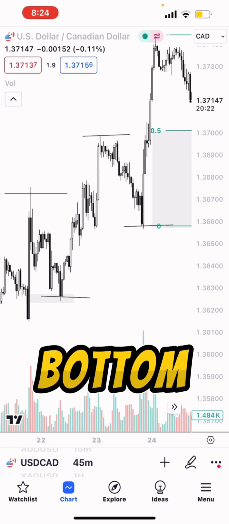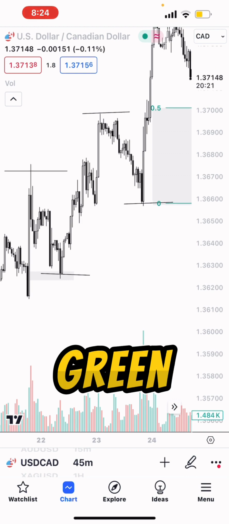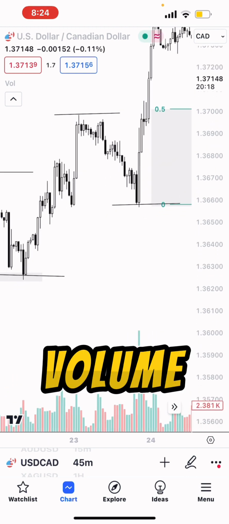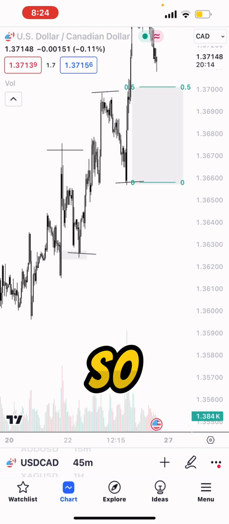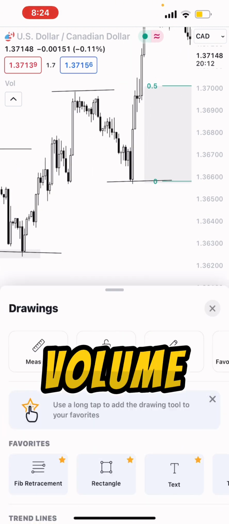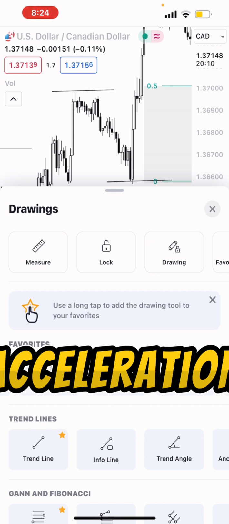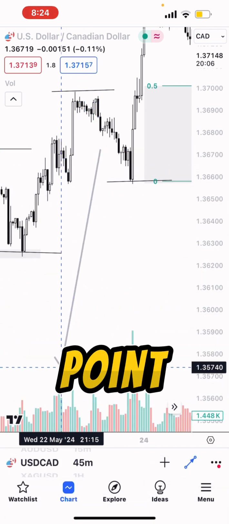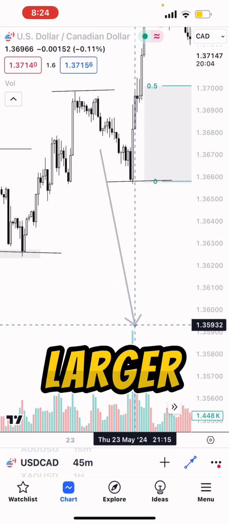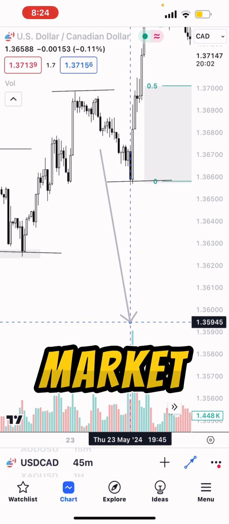If you look at the bottom of the screen where the red and green volume is, the volume simply shows us who's in the market. If you look at the volume, we can see an acceleration of the green demand here. Starting from this point on, we have demand just getting larger and larger, showing us who's in the market, which is smart money.